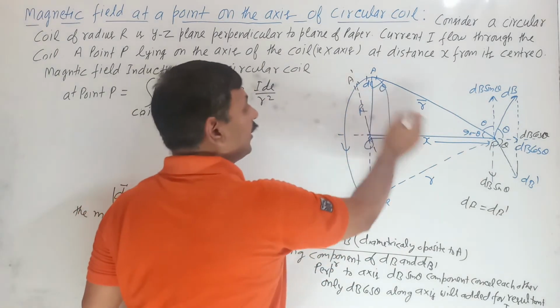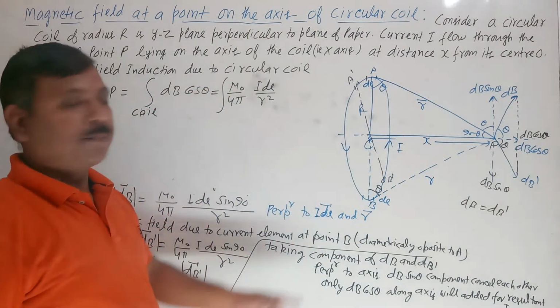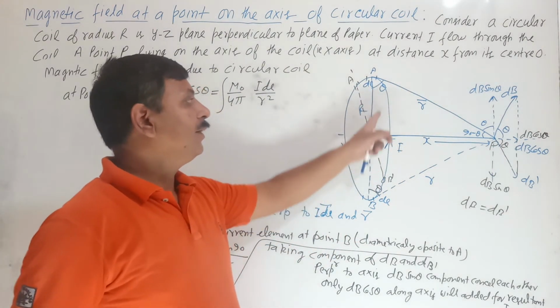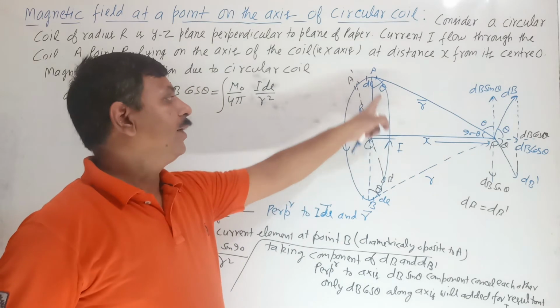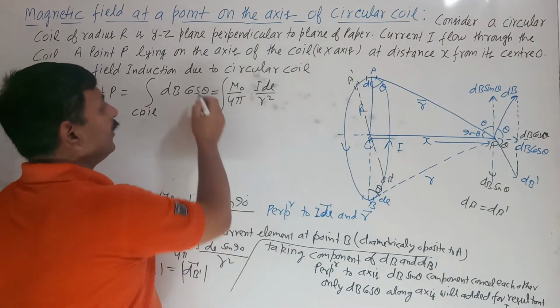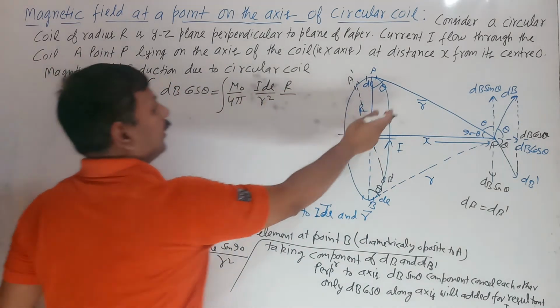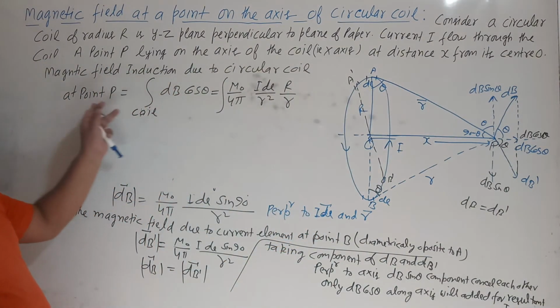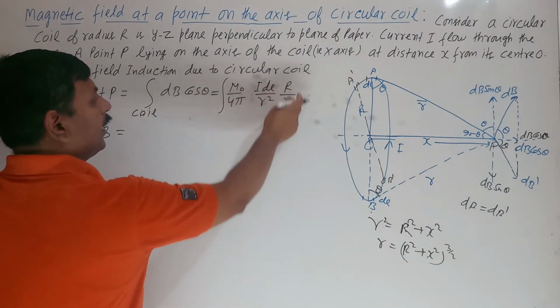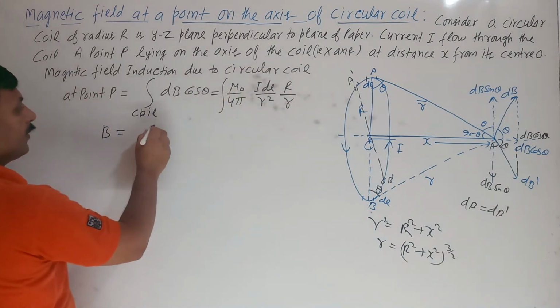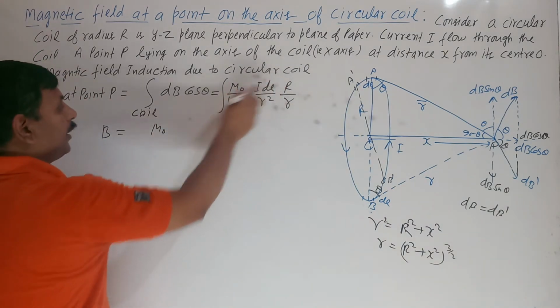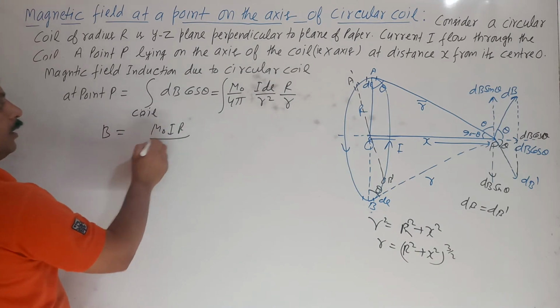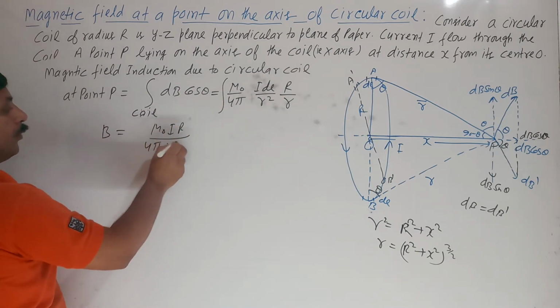Cos theta is equal to base upon hypotenuse, so the base is r, and the hypotenuse is R. So this will be mu naught I dl r upon R cubed. This we can take out: mu naught I r upon 4 pi R cube.